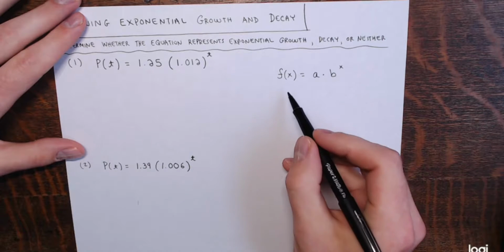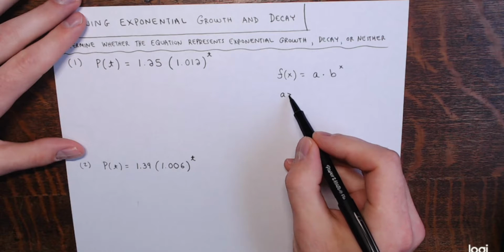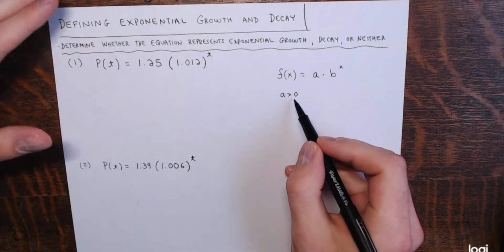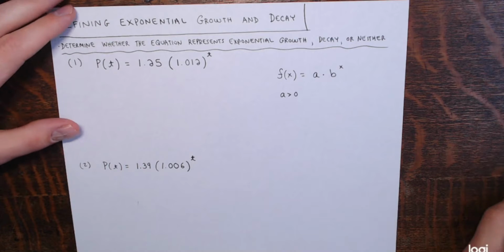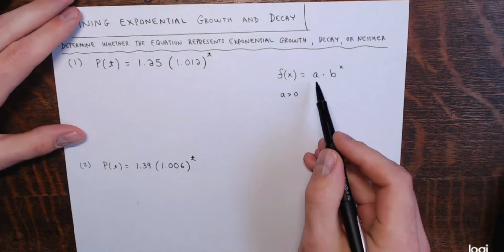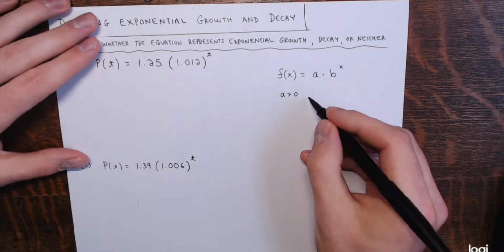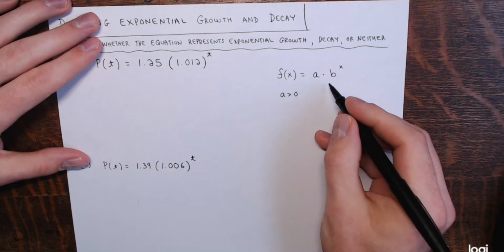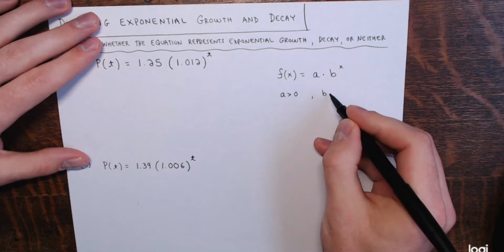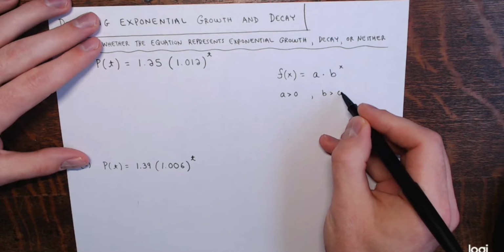We're going to have a be positive, right? I know before a could be negative, but here when we're just talking about exponential growth and decay, we're going to stick to a being a positive number and see what happens. And b is not 1, but also positive, right? b is positive as well.